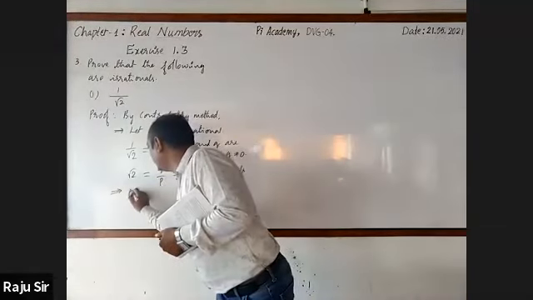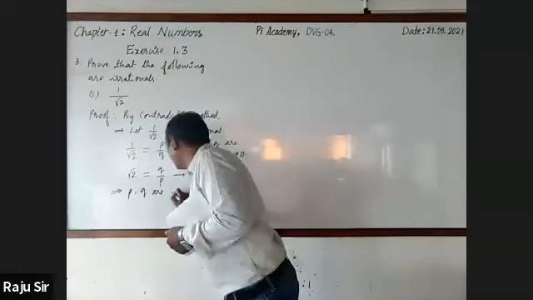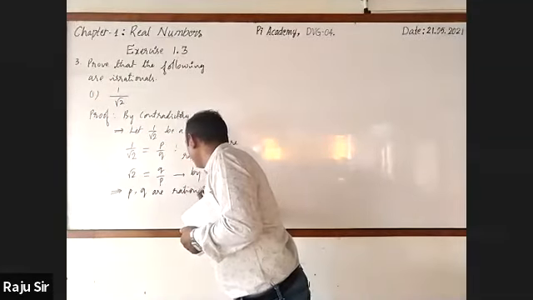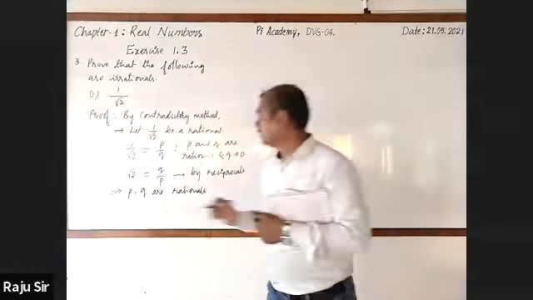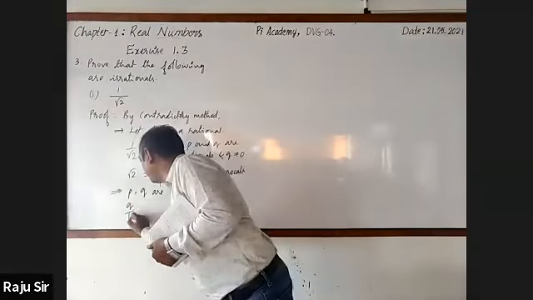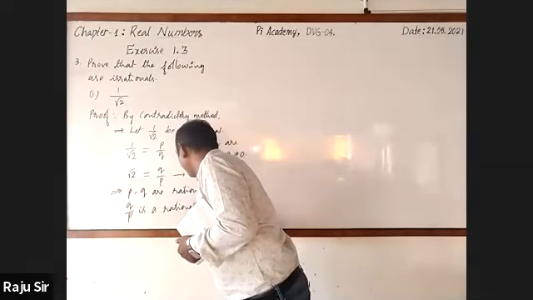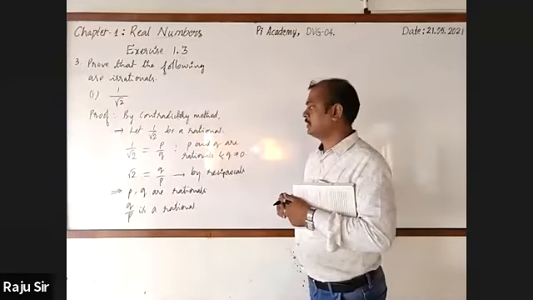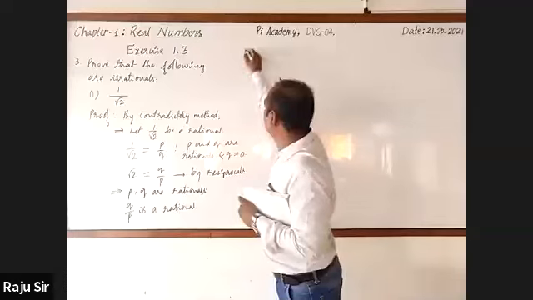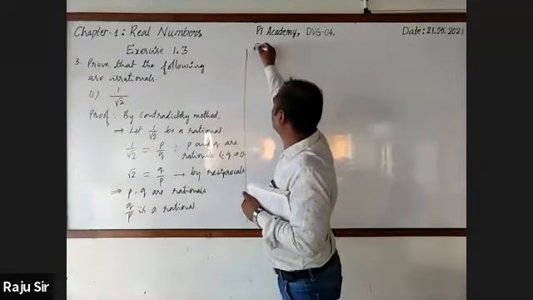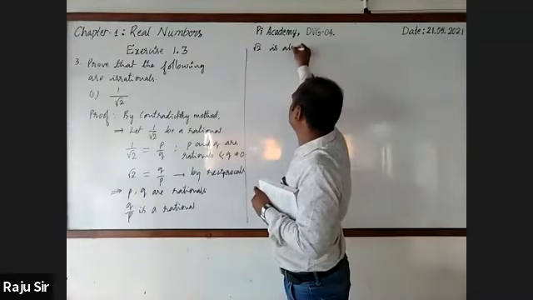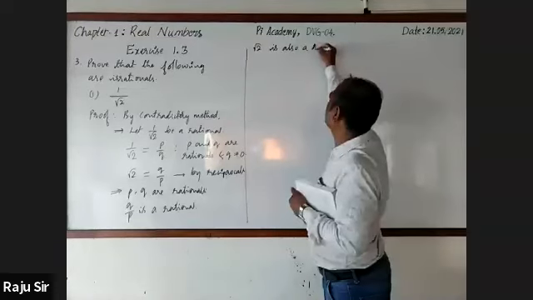Now, here P, Q are rationals. Then Q by P is a rational, that is equal to root 2. So root 2 is also a rational.